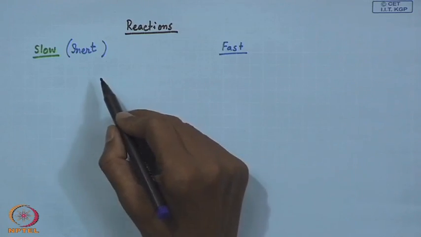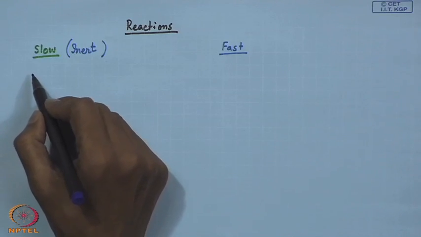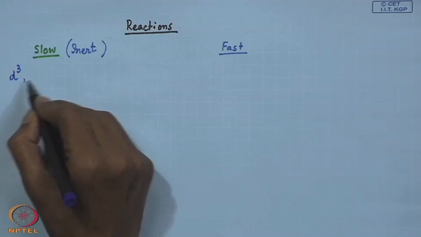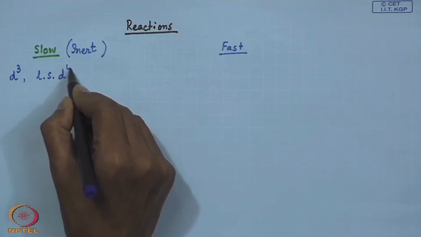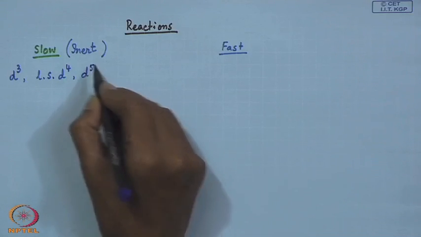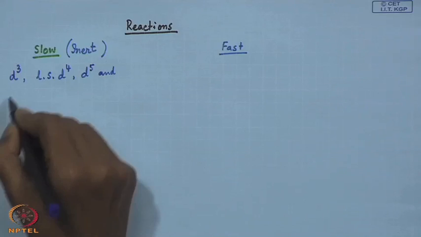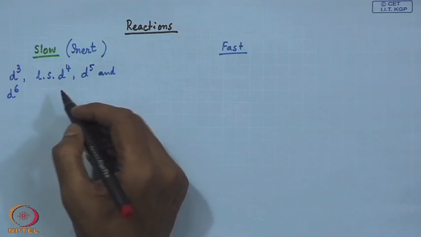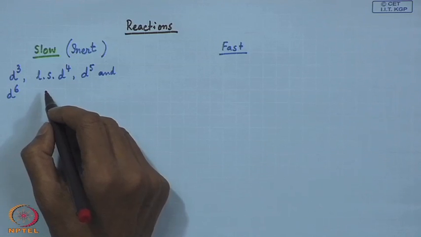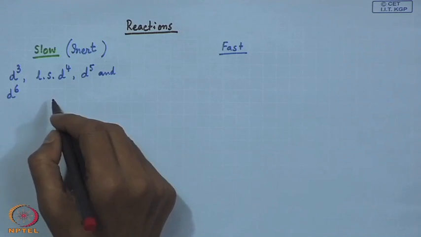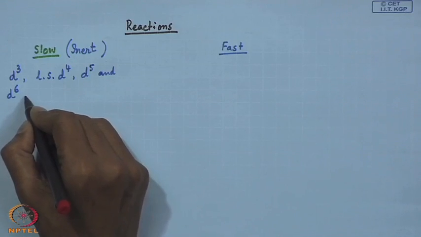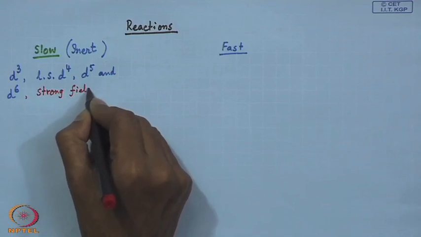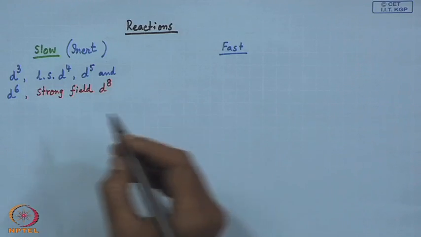They can go only for slow reactions, and several metal ion configurations such as d3, low spin d4, d5 and d6 will give rise to very slow reactions, and the corresponding compounds we can call inert metal complexes in terms of their ligand substitution reactions, as well as some of them in strong field with d8 electronic configuration.